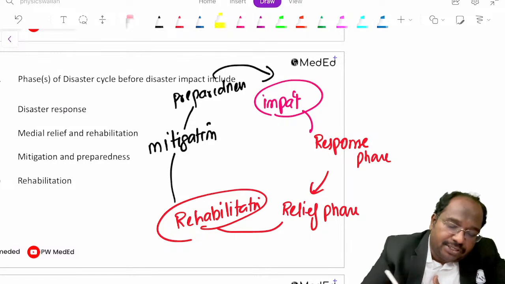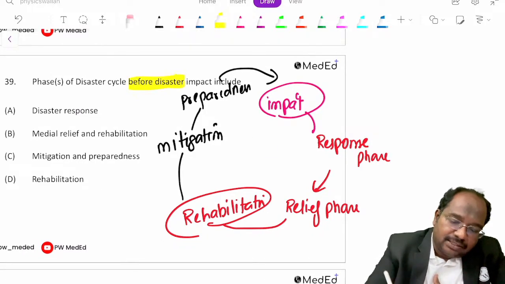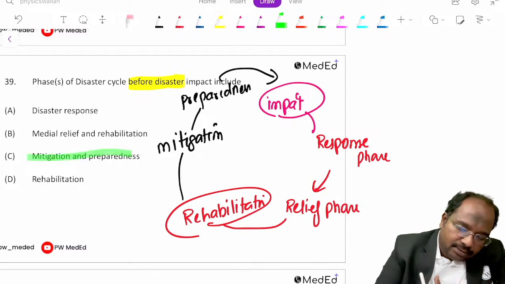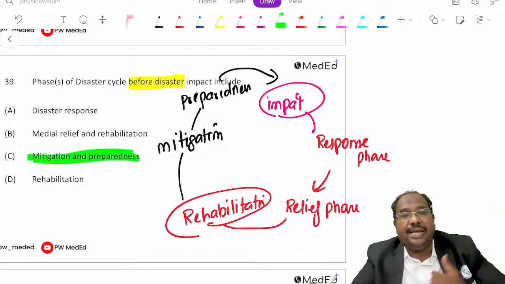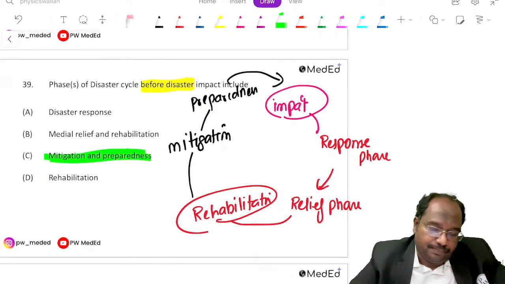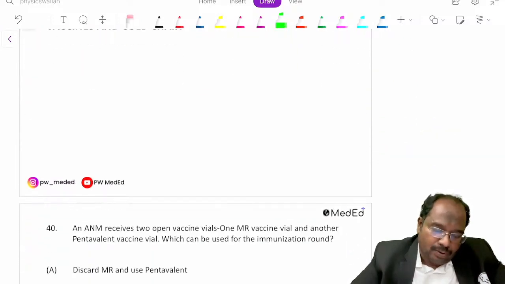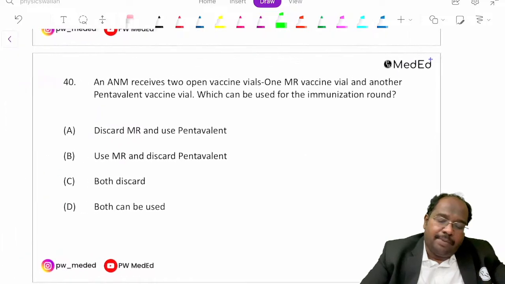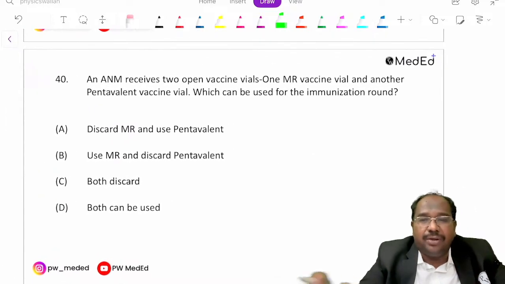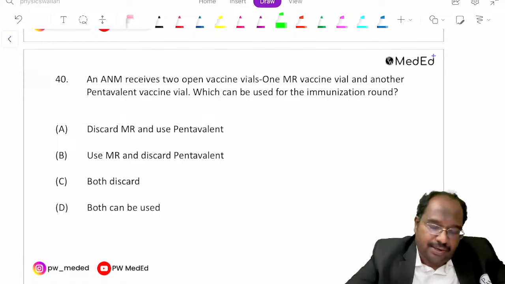So the question is phases before disaster, and the answer is mitigation and preparedness. The same question was asked in your NEET exam also, so you have to study both sets of questions.